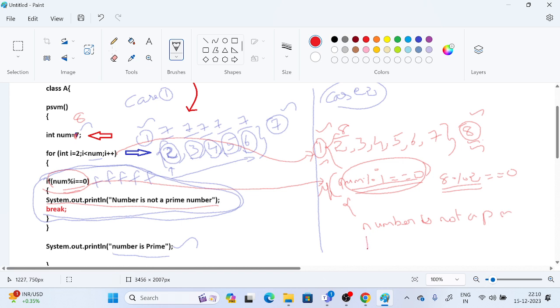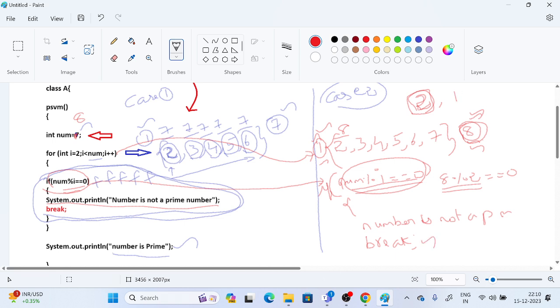I am using a break statement, a branching statement, because I already know the number 8 has a factor more than 2. So this is 1, this is 2. If you find at least one factor after 2, break the loop.